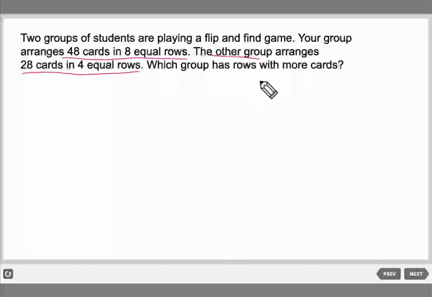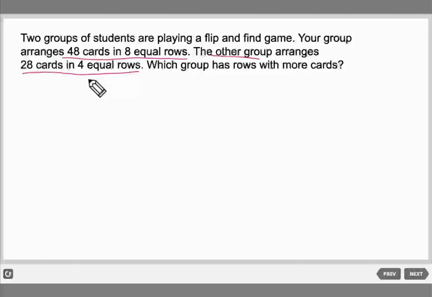Which group has rows with more cards? So the question is asking in which of the two groups has more cards in each row, the number of cards in each row. So we should find the number of cards in each row for the first group and find the number of cards in each row for the second group.